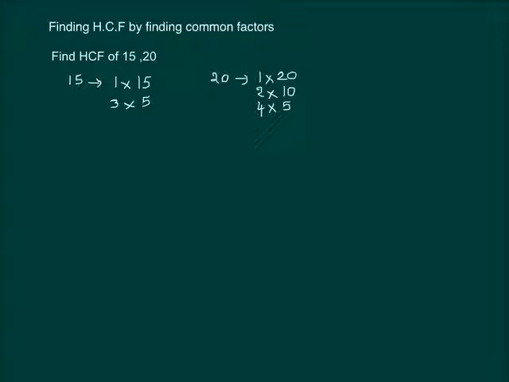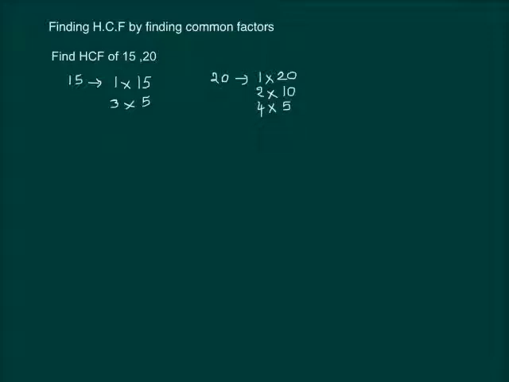So now the factors have started repeating and we stop here. That means 1, 3, 5 and 15 are the factors of 15, while 1, 2, 4, 5, 10 and 20 are the factors of 20.